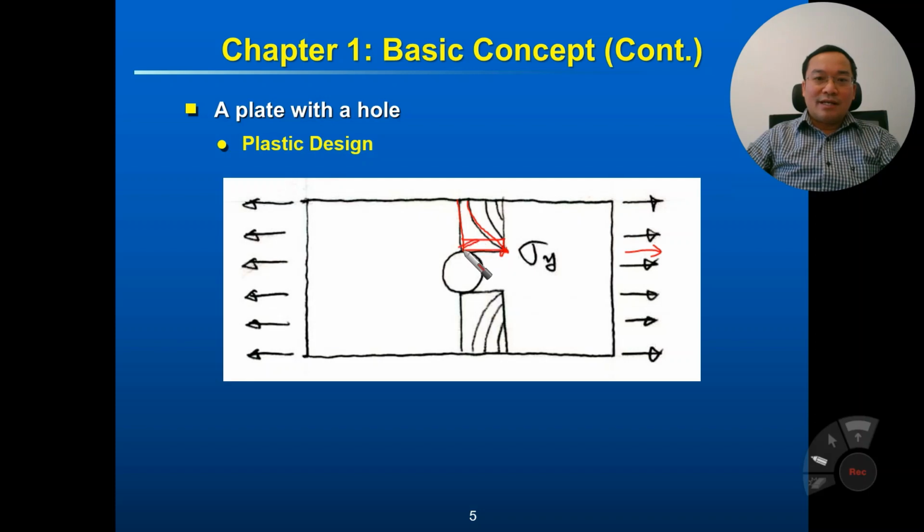As I already mentioned, if the load is increased, then the stress is not increased anymore. It's based on the idealized curve. So this part is the elastic part, and this part is the plastic part. If we keep increasing the load, then the plasticity will spread like this, and finally we have fully plastic.